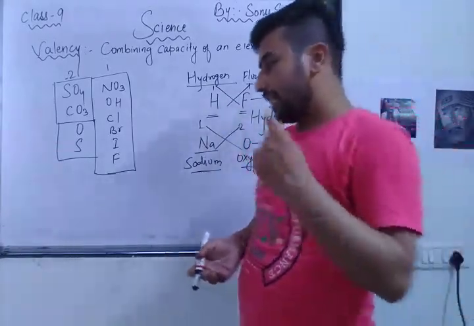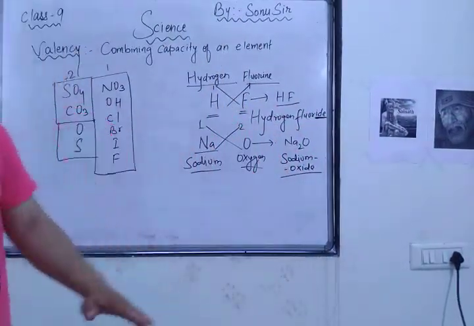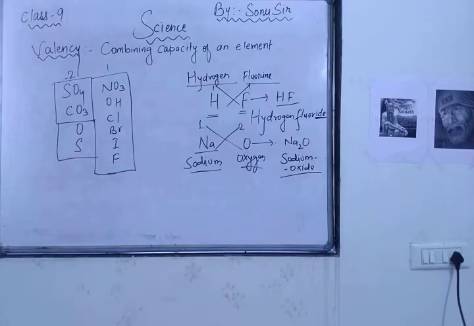I hope on that day I had taught you the names and valencies of the elements. If you still have doubt, first take a screenshot of this board, and after that I will give you the names and valencies of the elements. So you can easily write a chemical formula. Got it? I hope all of you have taken a screenshot.